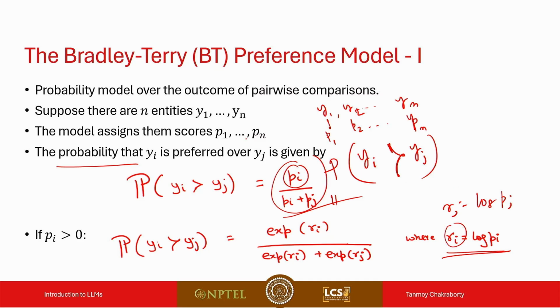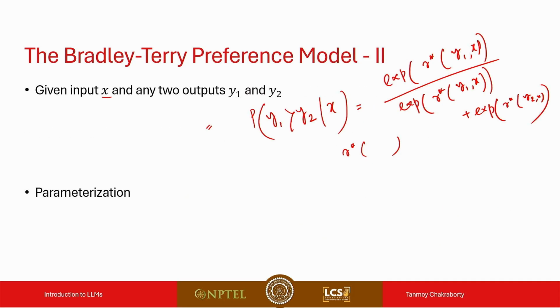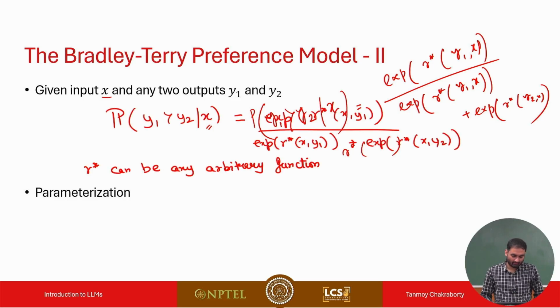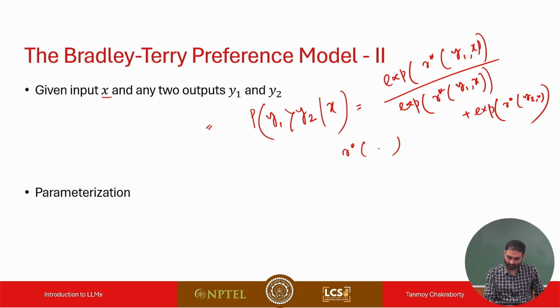Pi, pj are scores, right? How do you get the scores? The scores are obtained from, let's say, some human feedback or some other models, right? So now r star is an arbitrary function.